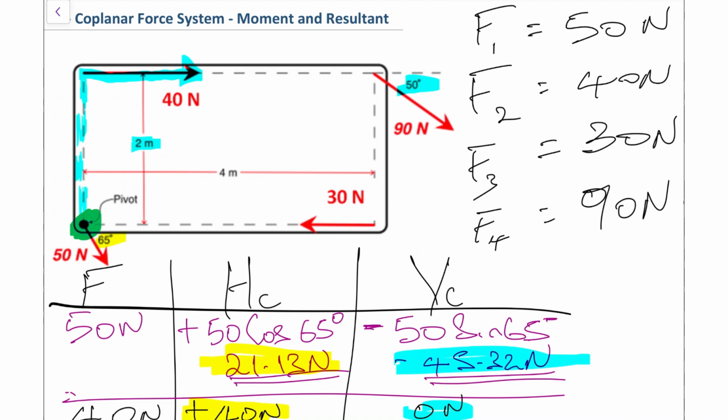So if we look at the next force now, which is our 30 newtons, it's going directly across from that pivot point. So in terms of its perpendicular distance, again, there is none. And that's simply because it's acting right into that joint there. It's actually 180 degrees across from that pivot point. So therefore, our moment there would be 0.